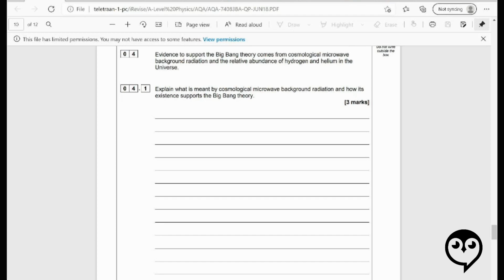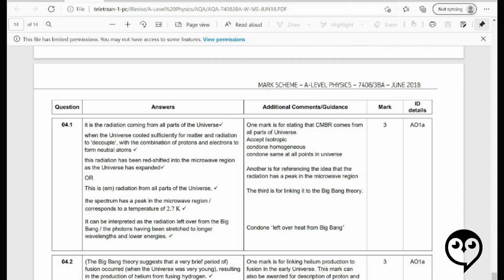I think we've seen in other questions that the temperature of the universe in general is very close to 3 Kelvin, because energy is proportional to the frequency. So if you've got a very stretched out wavelength, that's going to be a smaller frequency, which is going to mean a lower energy. So they've said here radiation coming from all parts of the universe.